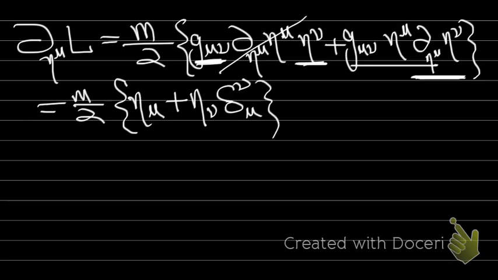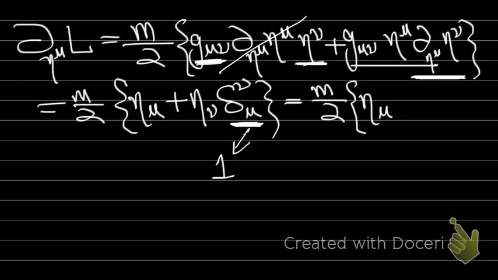Now this equation can be further simplified as m over 2. If my mu and nu are equal, then this mixed tensor evaluates to positive 1. So then what I would have is m over 2 times eta nu plus eta nu. I'm sorry, I'm saying nu. What I mean is eta mu.